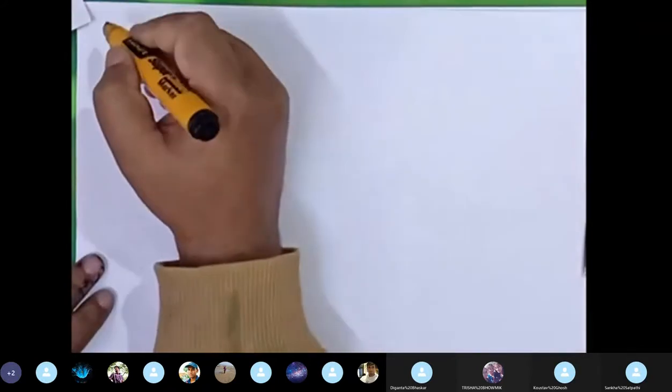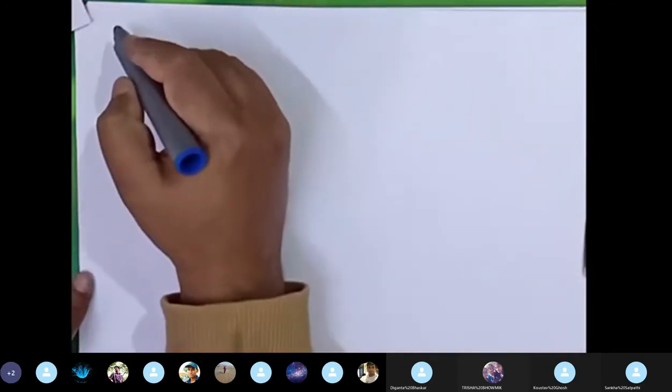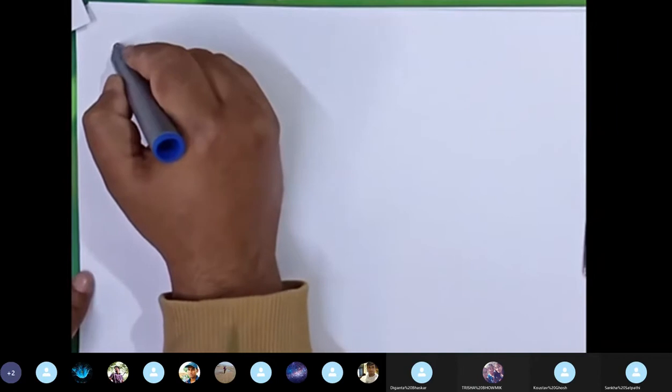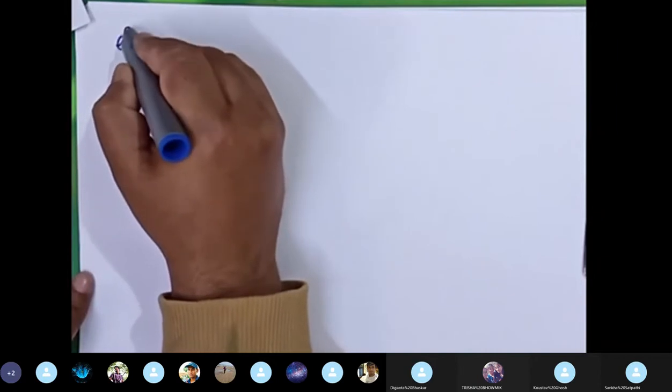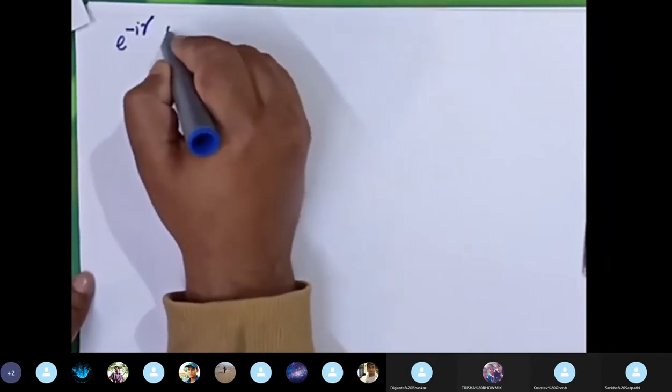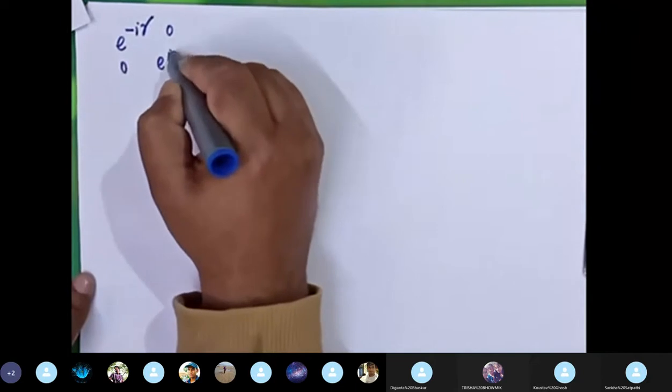So let's have this equation in front of us. Okay, I'm just changing a pen. Just tell me whether these write-ups are clear. e to the power minus i delta, 0, 0, e to the power.